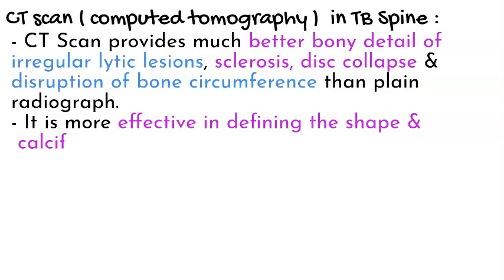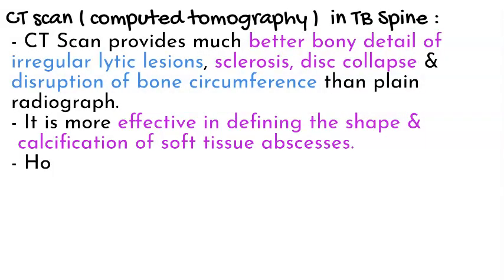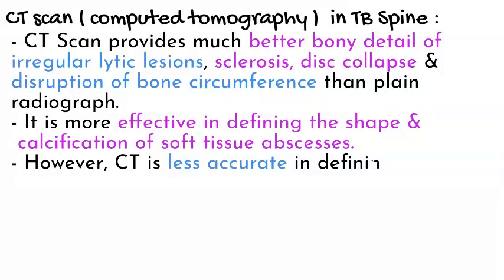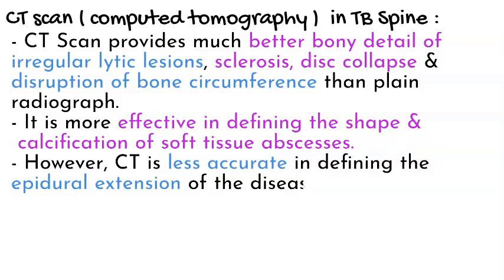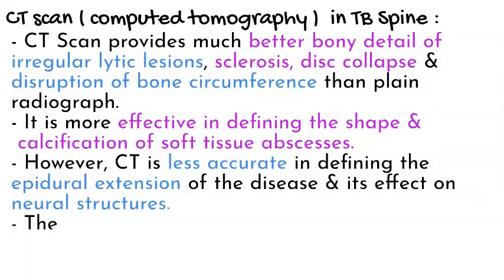It is more effective in defining the shape and classification of soft tissue abscesses. However, CT is less accurate in defining the epidural extension of the disease and its effect on neural structures.